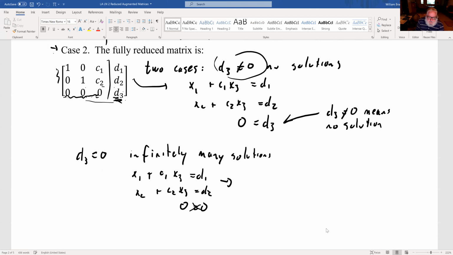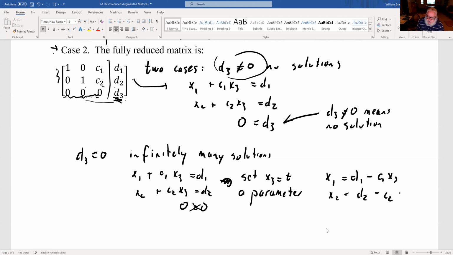What we'll do first is we'll set x3 to be equal to t, and t is called a parameter. And then our equations become x1 equals d1 minus c1 x3, x2 equals d2 minus c2 x3.